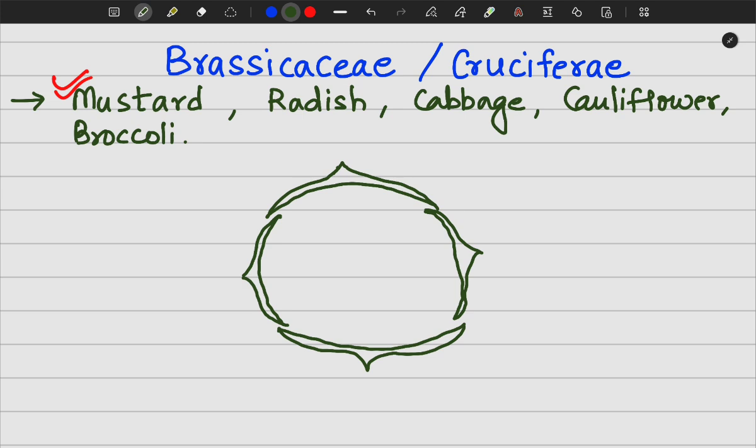Such kind of overlapping is seen here. So in the calyx, the sepals show imbricate estivation here. Two sepals are towards the inside and two sepals are towards the outside. All right.